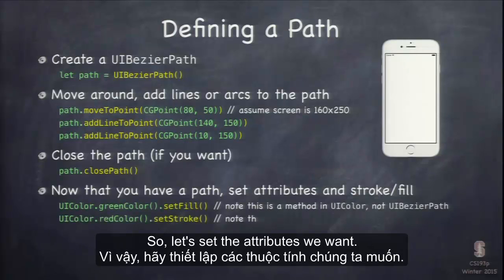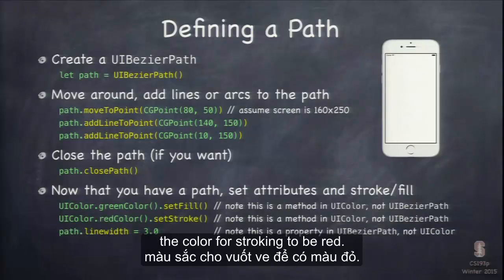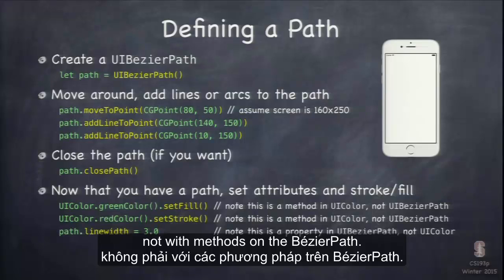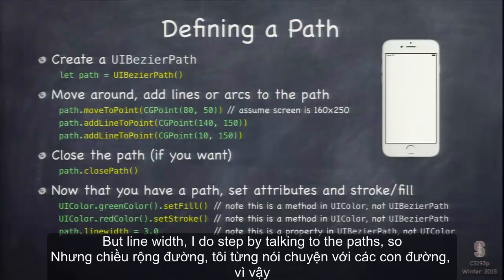So let's set the attributes we want. So I'm going to set the color for filling to be green and the color for stroking to be red. Okay, now notice that I set those with methods on UIColor, not with methods on the Bezier path. Okay, that's a little interesting, but that's the way that works. But line width, I do set by talking to the path.